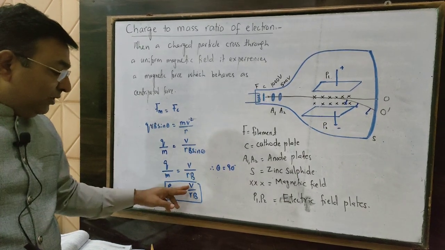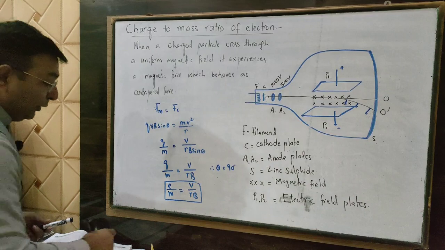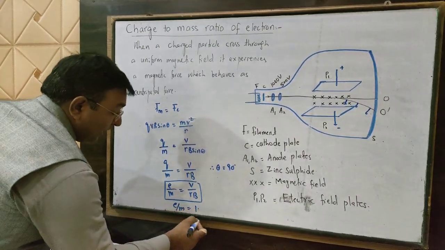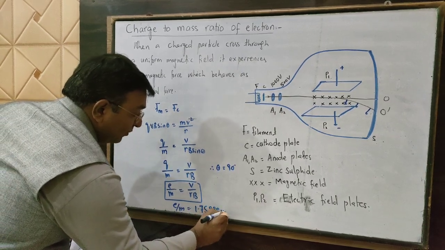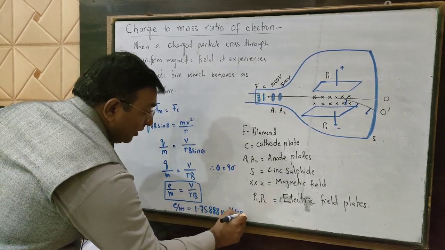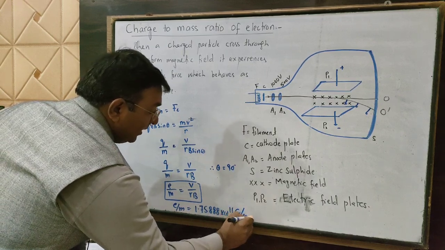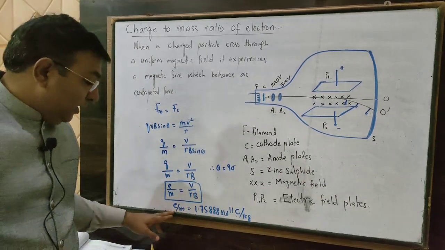If we put the known values of v, r and B, we can conclude that e upon m for the charged electron is 1.75888 into 10 raised to 11 coulomb per kilogram. This is the value of charge to mass ratio of an electron.